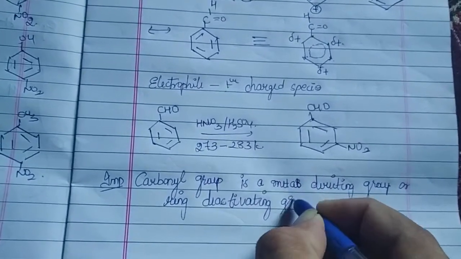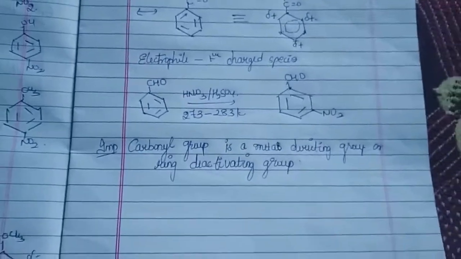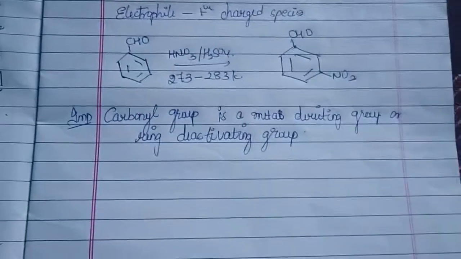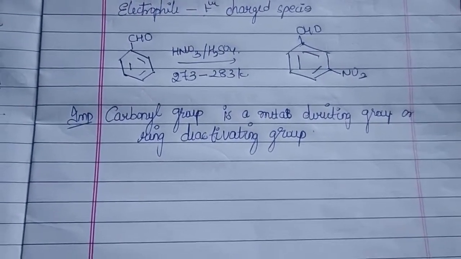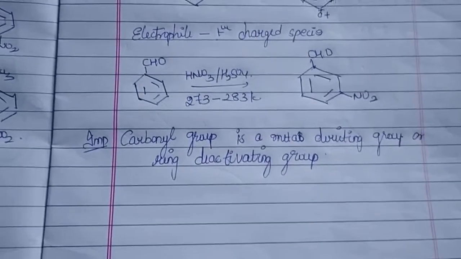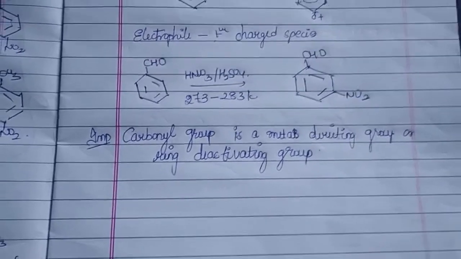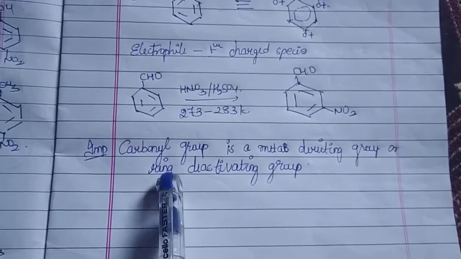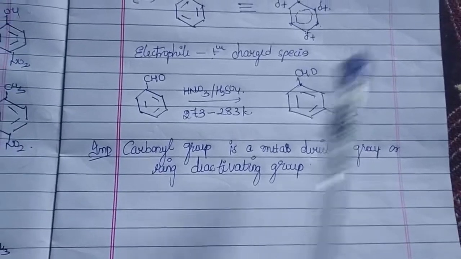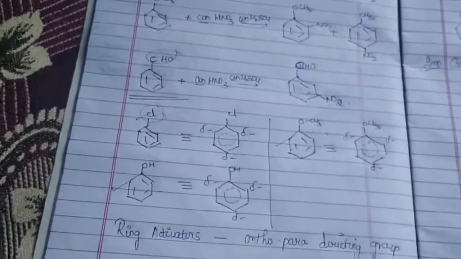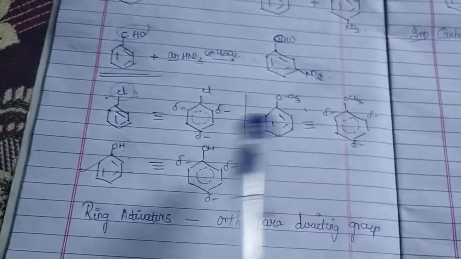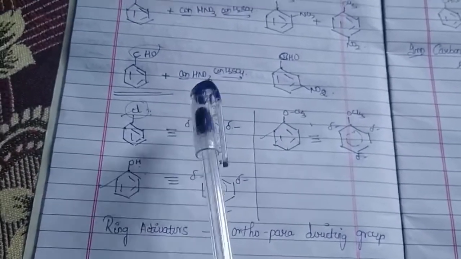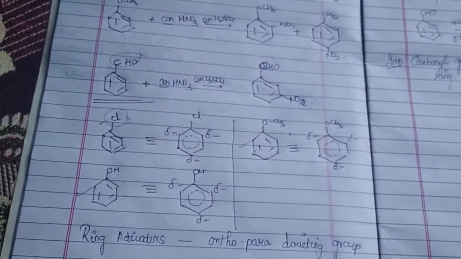So now we can understand, I hope. Whenever a ring deactivator group is present, the incoming electrophile, mark my words, I am talking about an electrophile, not a nucleophile, will take a position at the meta. Whereas if you have a ring activator, that is electron donating, the incoming electrophile will give you the ortho and the para substituted products.